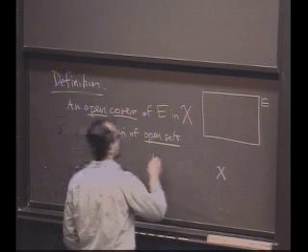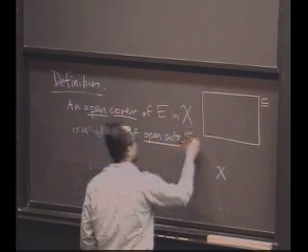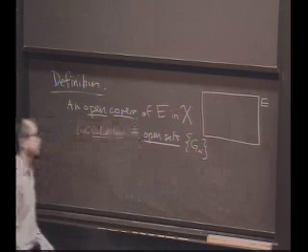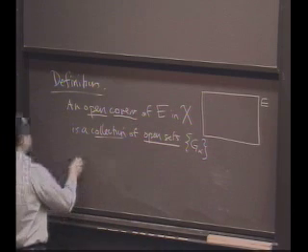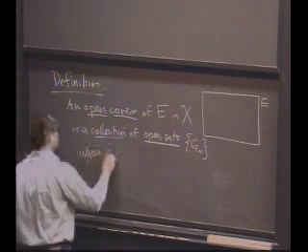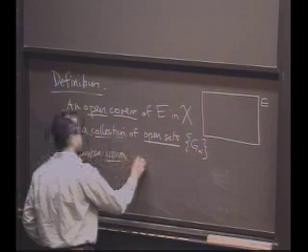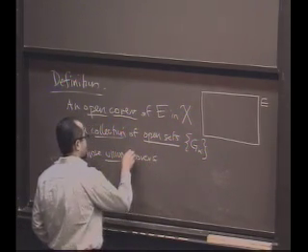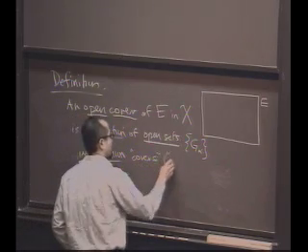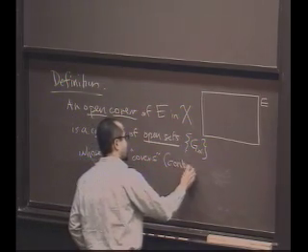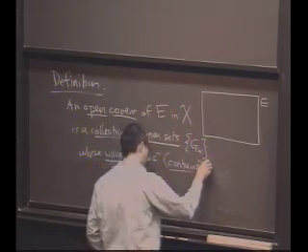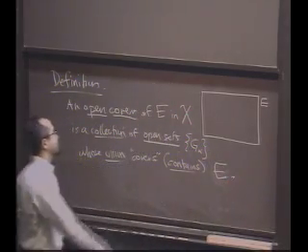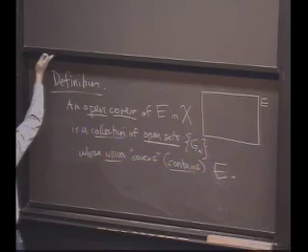It is a collection of open sets, which I'll denote, let's say, G sub alpha, whose union covers, if you don't like the term covers, a more mathematical term would be contains, E. Okay, and this is all living in some metric space X.